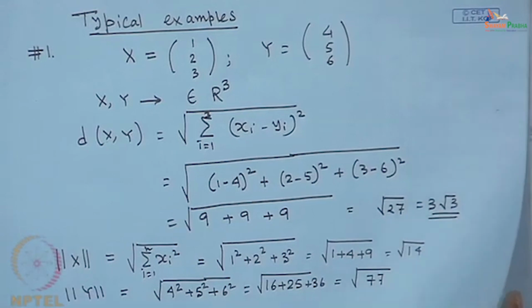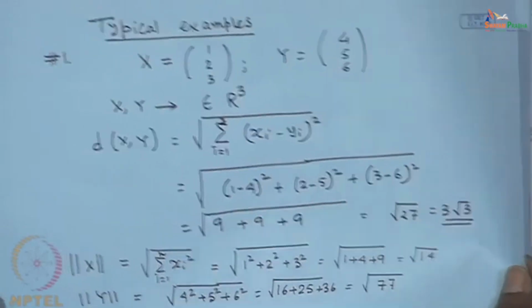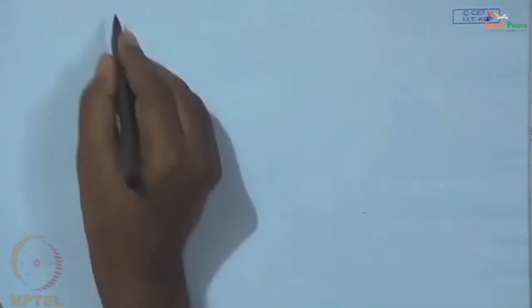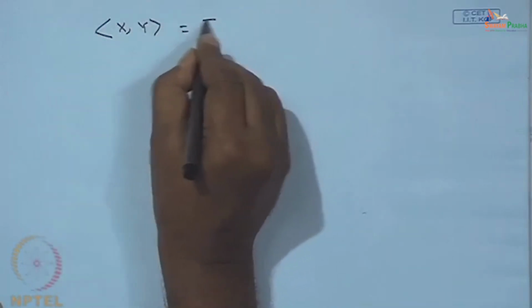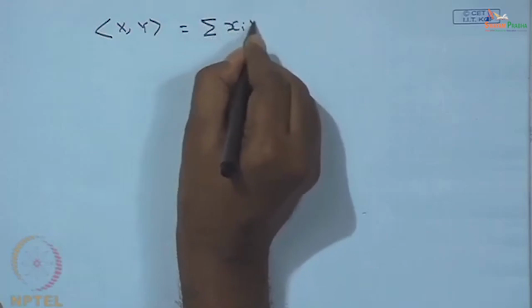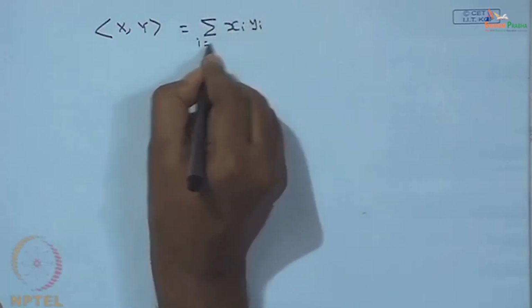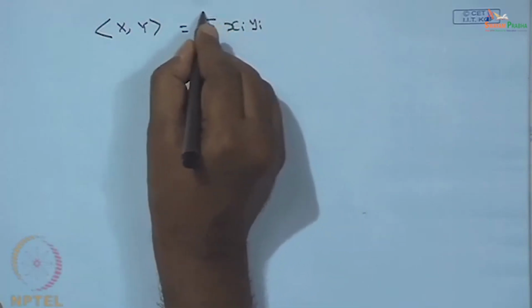Similarly, one can compute the inner product between x and y. If we write the general formula, the inner product is the summation of x_i y_i, where the index i goes from 1 to n.